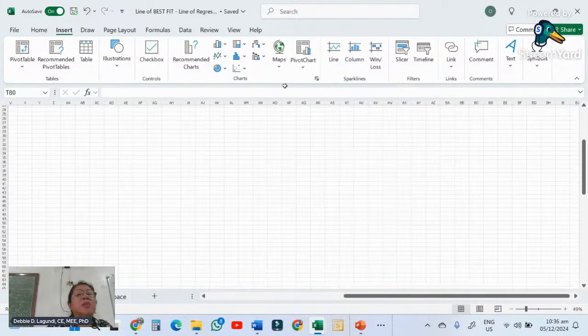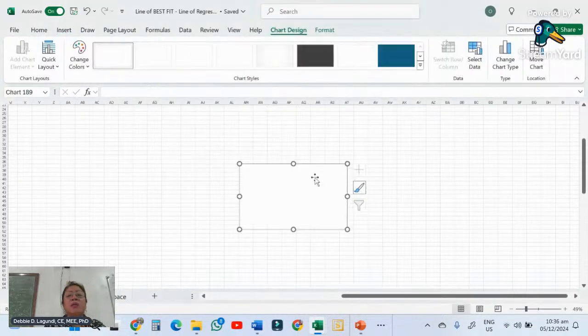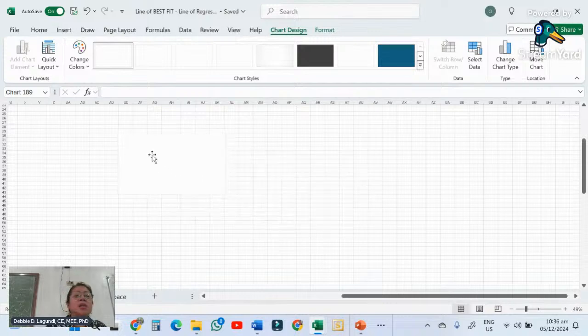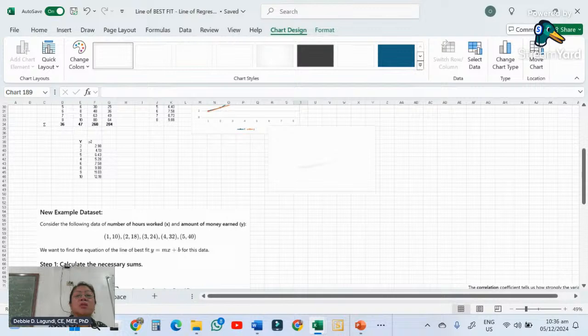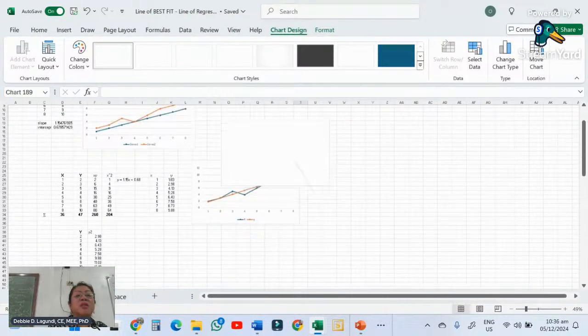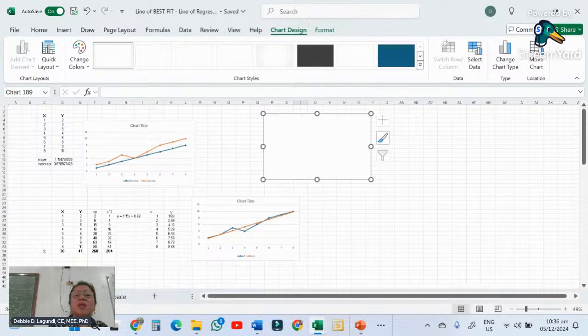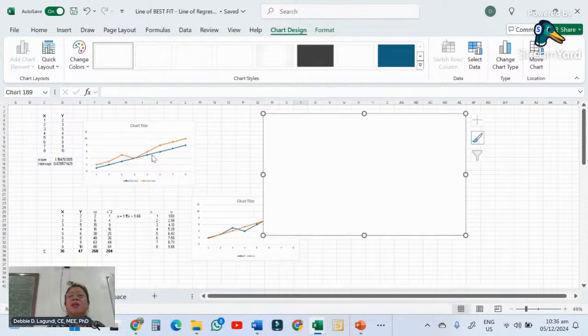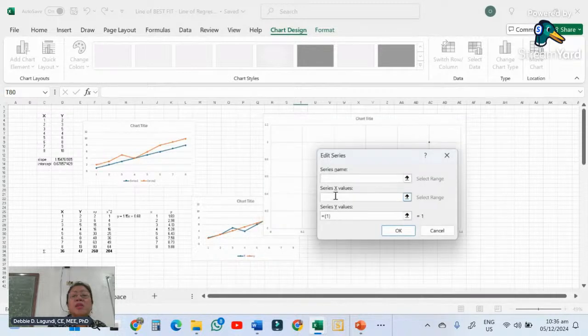For the last time, give me a chance. All right. Put that in. Oh, there you go. Okay, let's put it up. The values. All right. Next is select data, add, and then go to X, and then select the values.